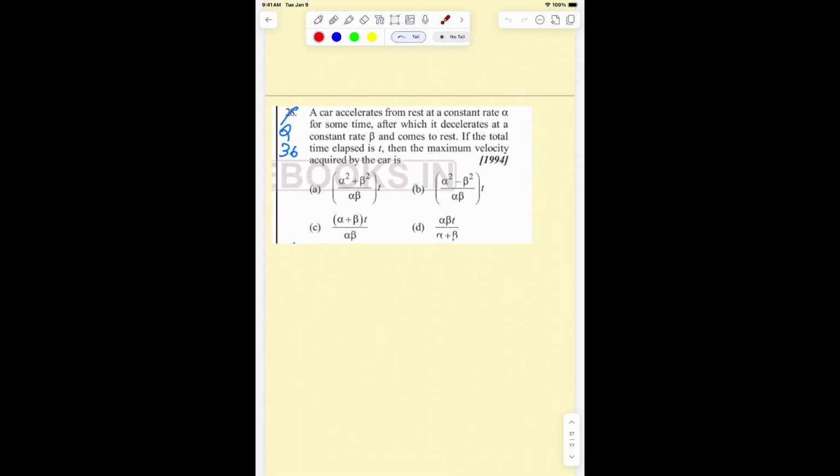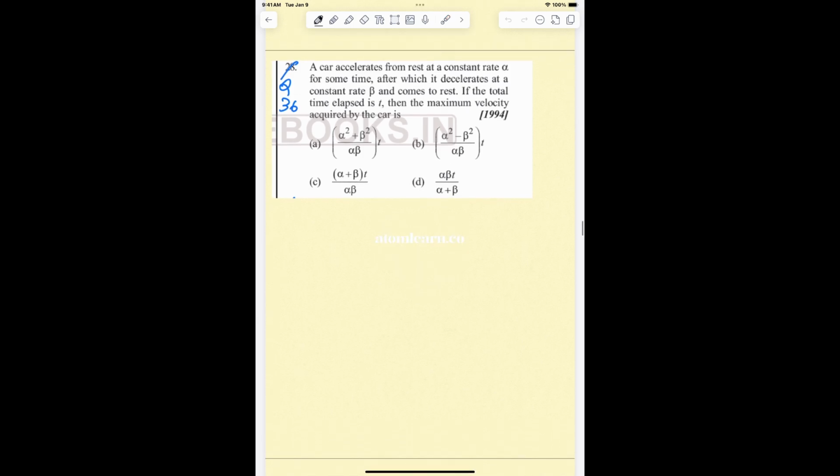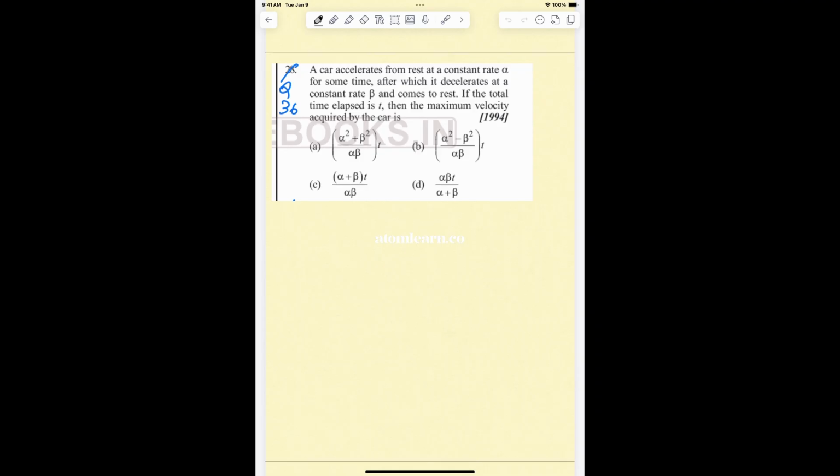Okay. The car accelerates from rest at a constant rate alpha for some time, after which it decelerates. Now, the one advice to you is, whenever you have to draw a graph, it is always better to draw the velocity versus time graph.